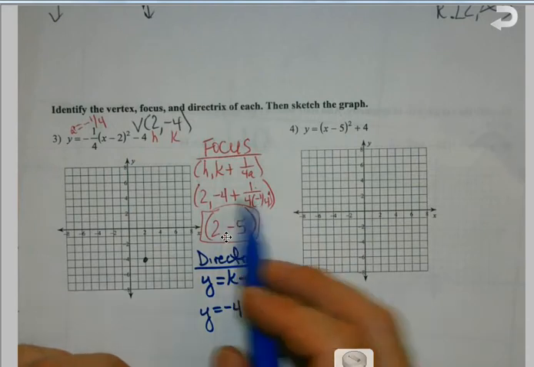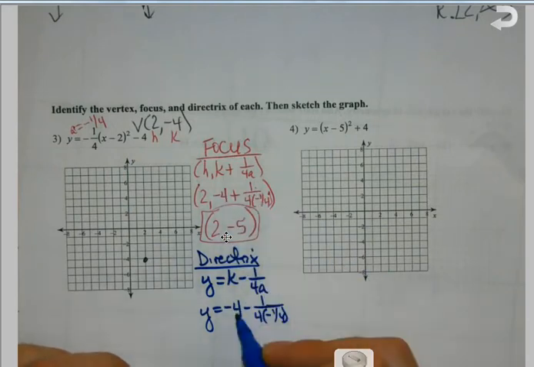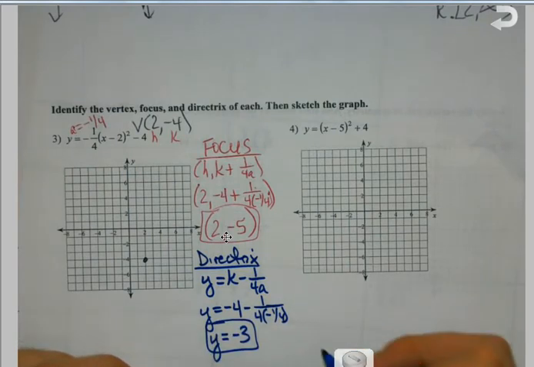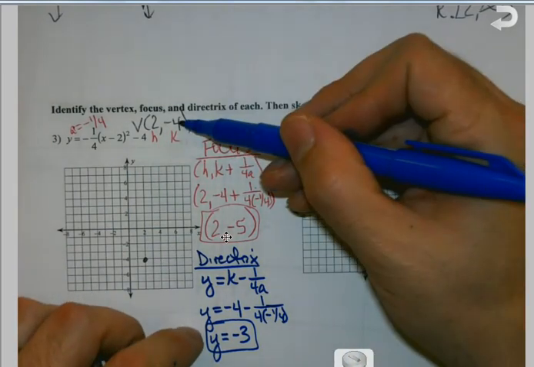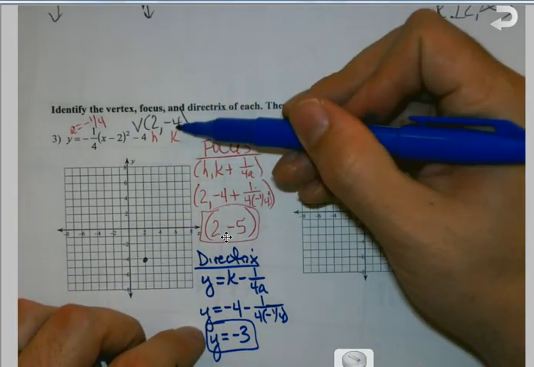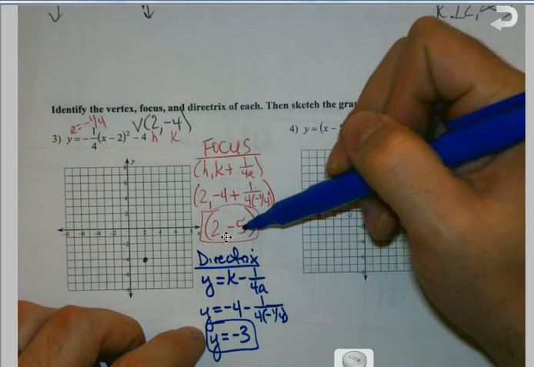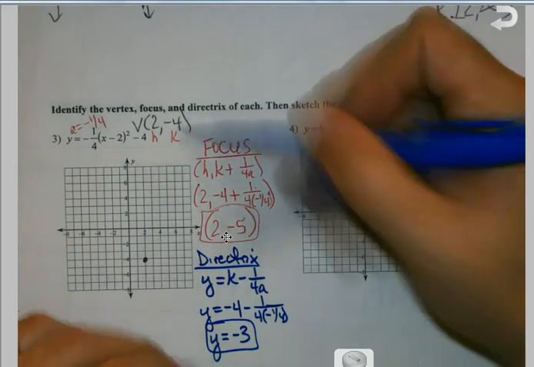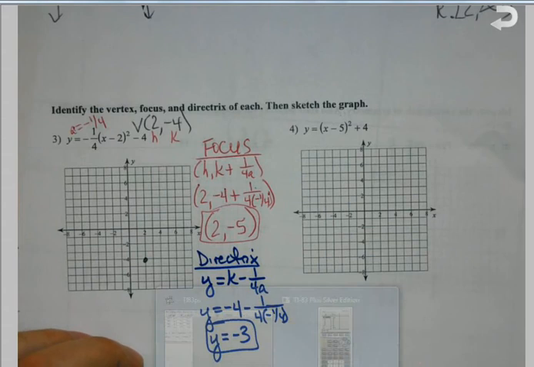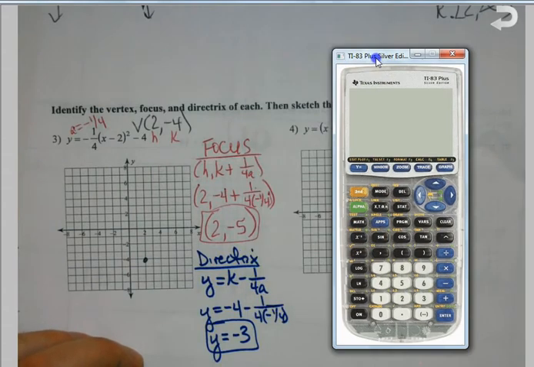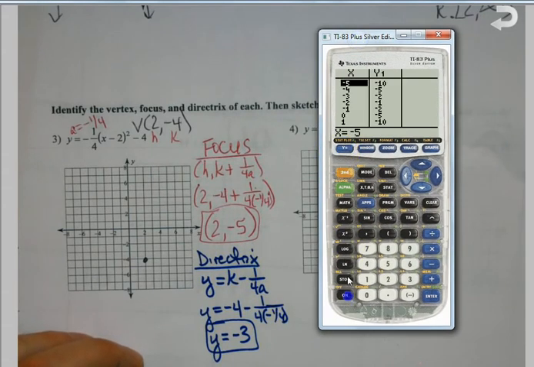Whereas here we had negative 4 plus negative 1, and we have negative 4 plus positive 1. And this goes back to our whole idea of these being equidistant as far as the y value to my vertex. If negative 4 is my vertex, negative 5 is 1 away, below it. Negative 4 to negative 3 is 1, above it. So when I go graph this, we'll be able to see this a little bit more with that equidistance.